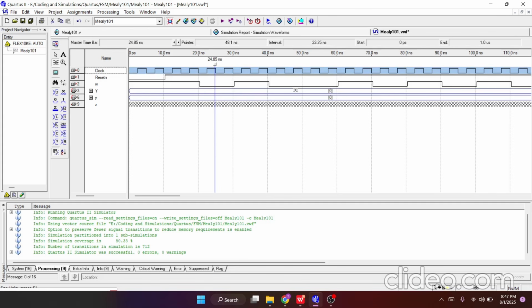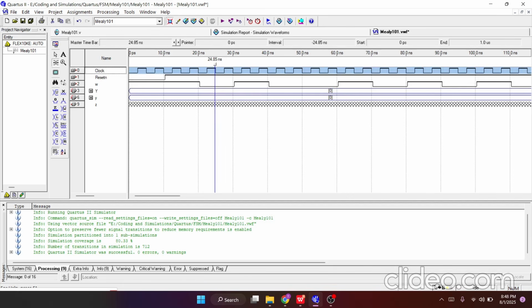Here the grid size is 10 nanosecond, as you can see, these dotted lines. From 0 to 10 nanosecond is one grid, 0 to 20 nanosecond another grid. Due to using the 5 nanosecond period, now within one grid there are 2 clock cycles. We need to make the grid size 5 nanosecond.